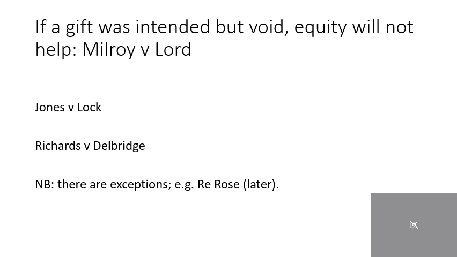He didn't. He took the deeds to this leasehold that he wanted to give to his grandson, and he wrote an endorsement on the deeds saying, I hereby transfer my leasehold to my grandson. And then he gave the deeds to the grandson's mother.